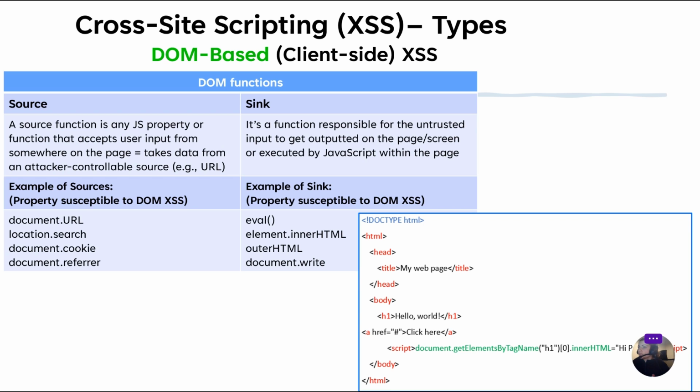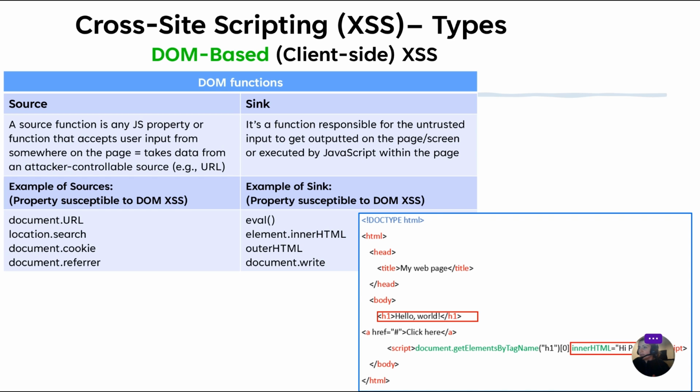What else can we see here? innerHTML. The innerHTML property is basically used to change the content of the HTML page to whatever is given to it. So the content of the HTML page. Let's see what I mean by this.